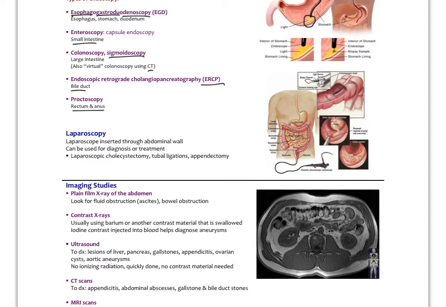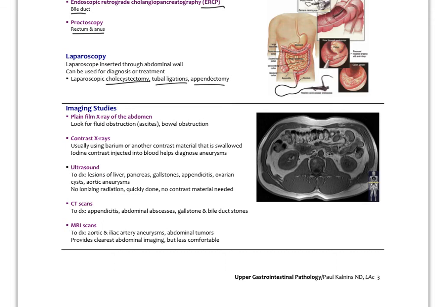They can actually remove the gallbladder, do tubal ligations, appendectomies, all through a laparoscope. And the benefit there is that you only make a couple of small incisions on the abdominal wall, and the healing is much faster than making a giant incision across the abdomen. So this is kind of the preferred procedure for a lot of those more common procedures like the cholecystectomies and appendectomies.